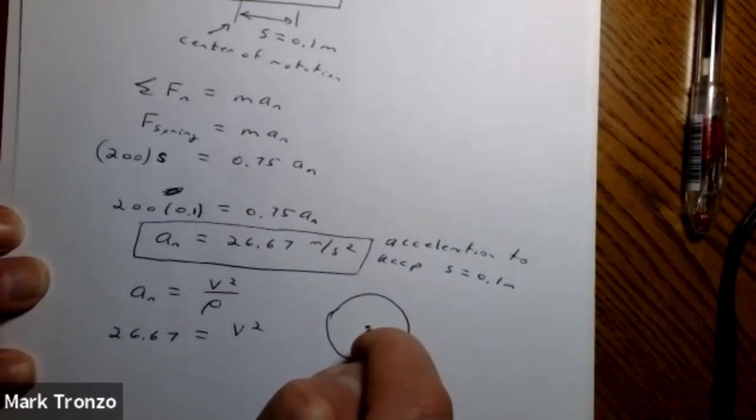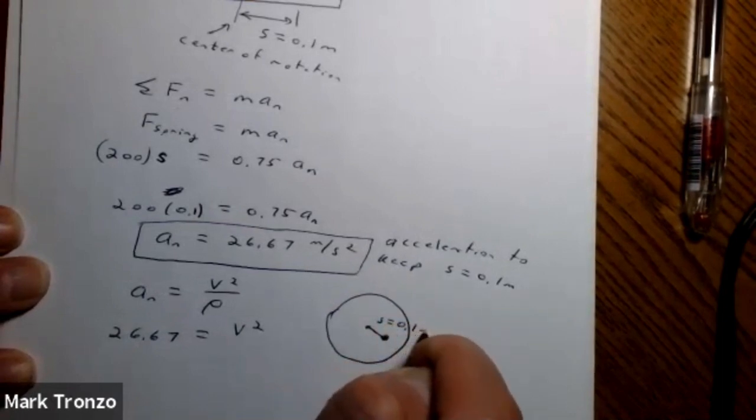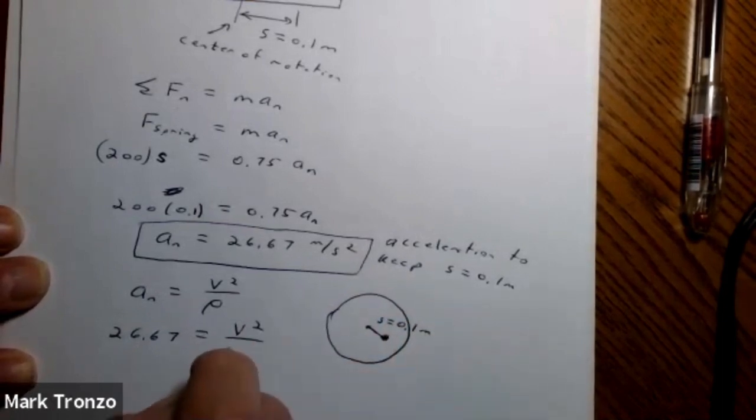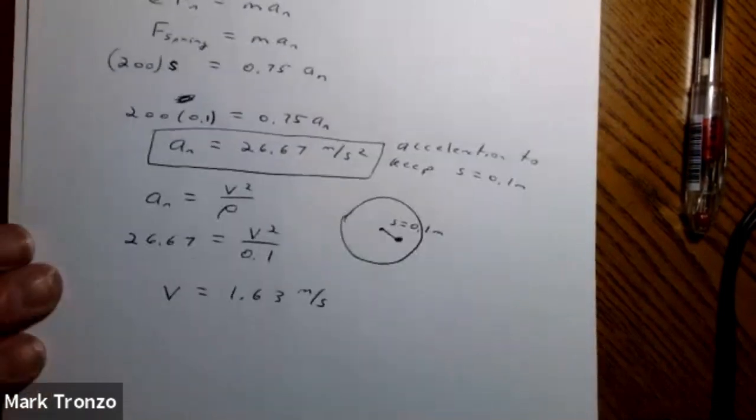Because that S is measured from the center. So say the radius we're interested in is S equals 0.1 as well. So 0.1, put that in your calculator, 1.63 meters per second.